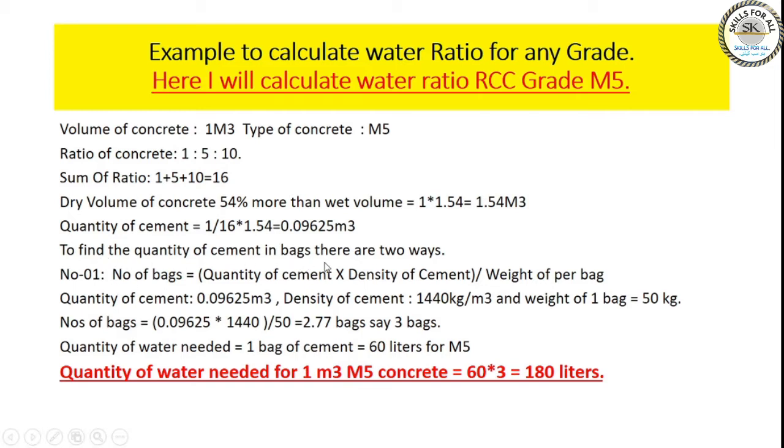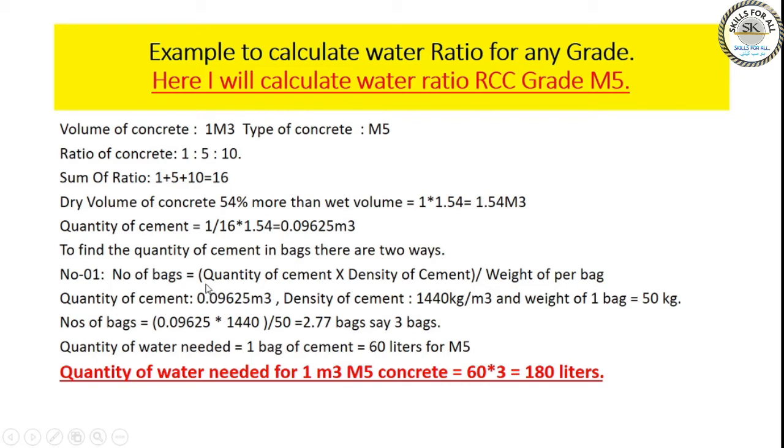To find the quantity of cement in bags, because we considered in our previous table that we need 60 liter of water for one bag in M5, there are two ways. I'll apply procedure number one.